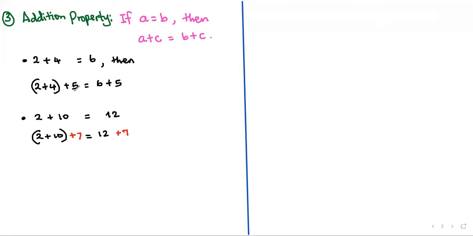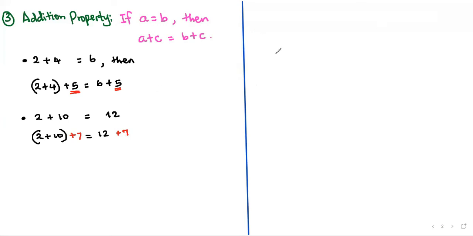That's why here, when we added 5, we also added 5 here to make sure the equation is balancing. So that is what we call the addition property.